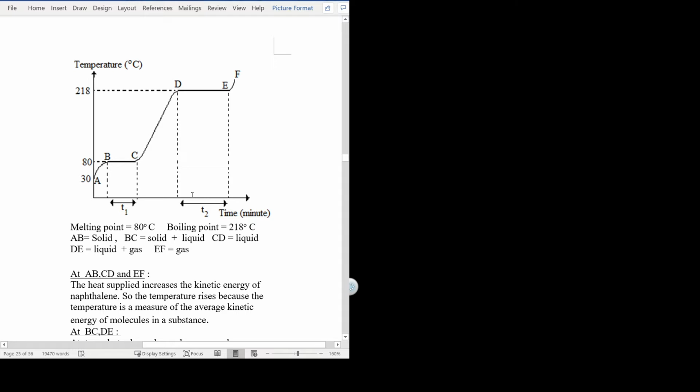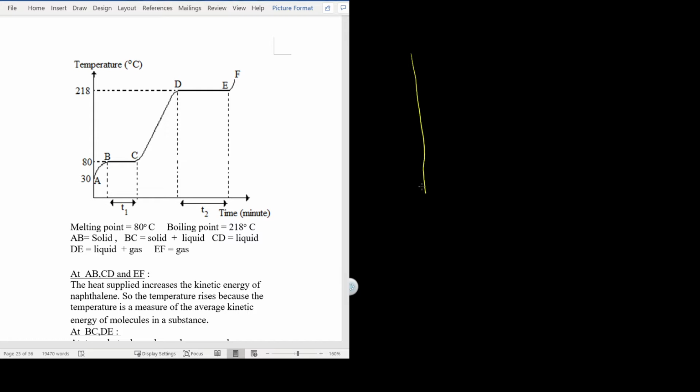So what is the information that we can get from this kind of heating curve? The first information that we can get from this diagram is the melting point of this substance.